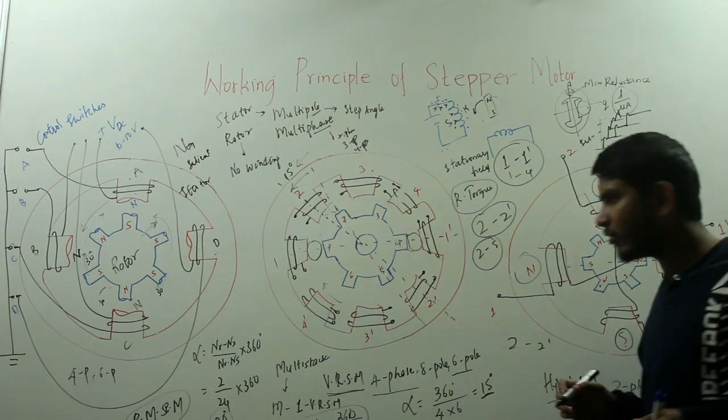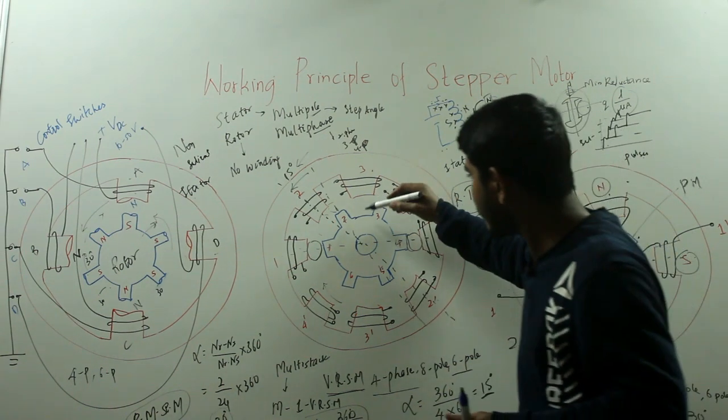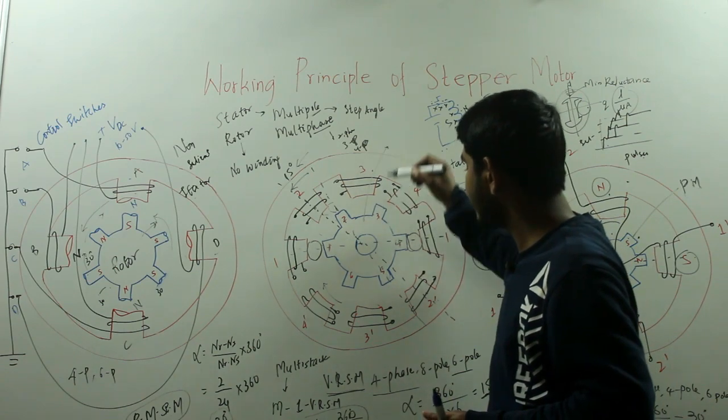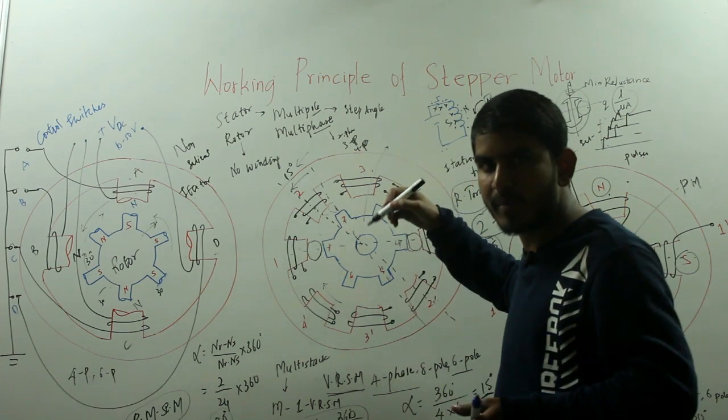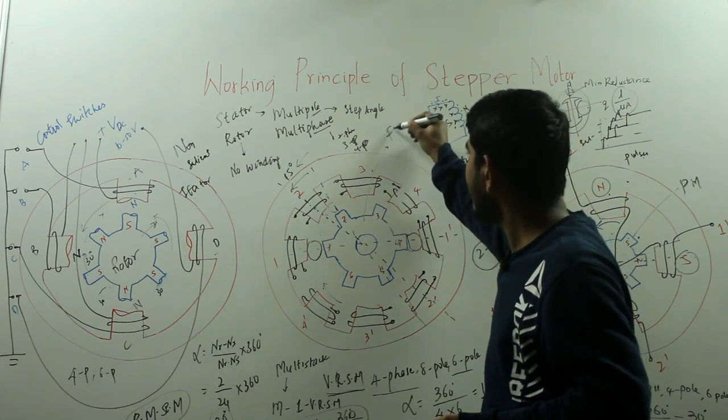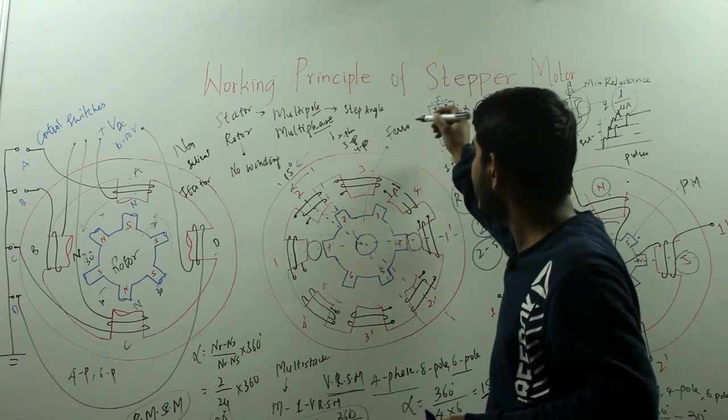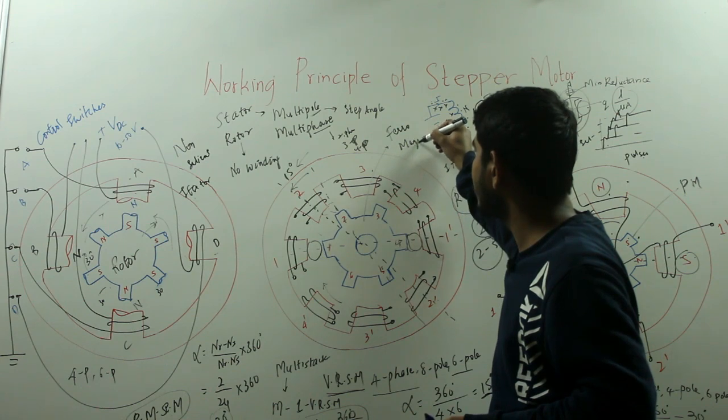And here one thing I forgot to say is the rotor in the variable reluctance stepper motor is not a permanent magnet. It is ferromagnetic. It employs a ferromagnetic multi-toothed rotor structure.